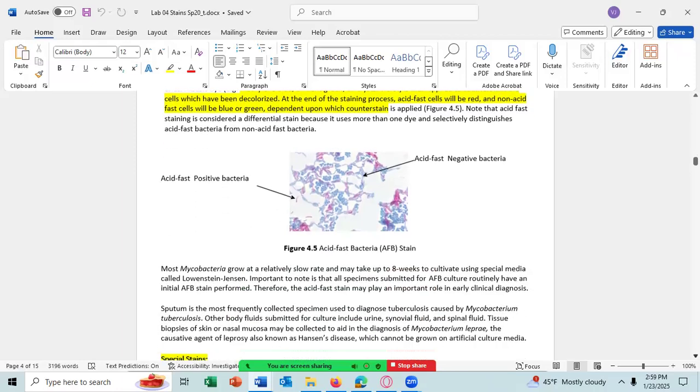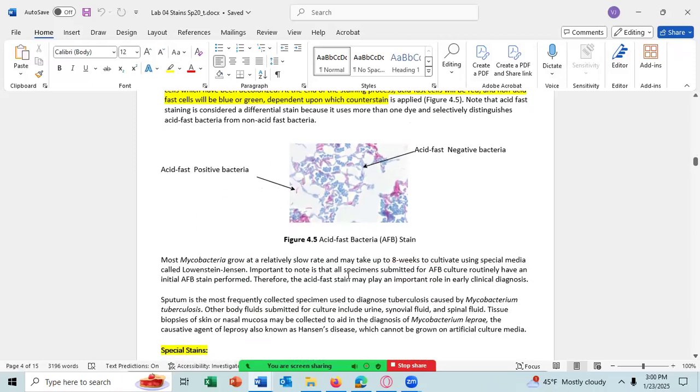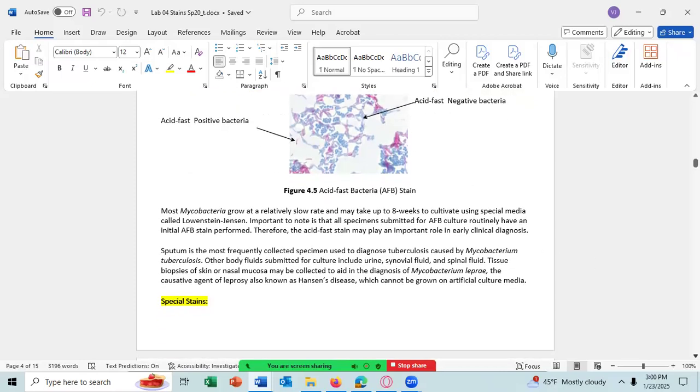So if you look at an acid-fast stain under the microscope, there will be red staining cells, which are acid-fast positive bacteria, and then either green or bluish cells, which are the acid-fast negative cells. Any question about the acid-fast stain? Remember, the acid-fast stain and the Gram stain are the only two differential stains we're ever going to talk about.